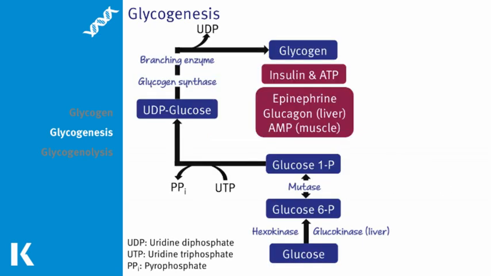In fact, the glycogen synthase checkpoint is deeply integrated with other elements of metabolism and even digestion. Insulin and adenosine triphosphate will serve to stimulate glycogen synthase activity, whereas epinephrine and either glucagon or adenosine monophosphate, depending upon cell type, will inhibit it.